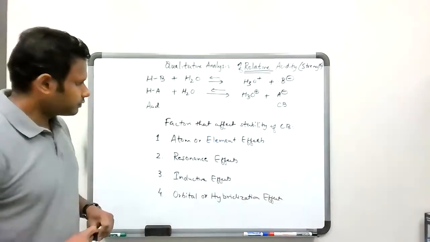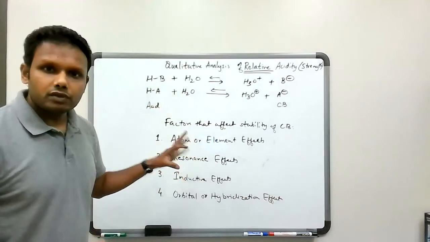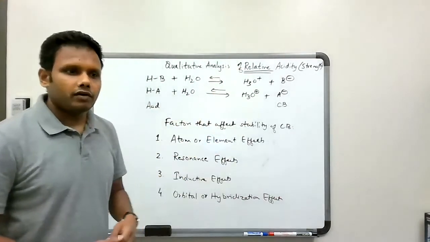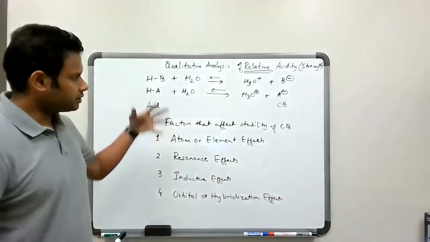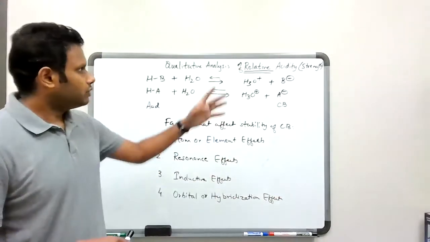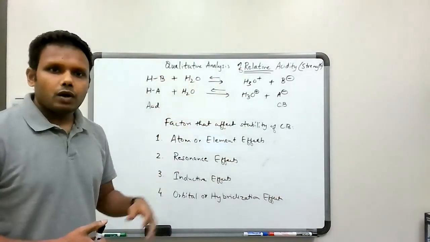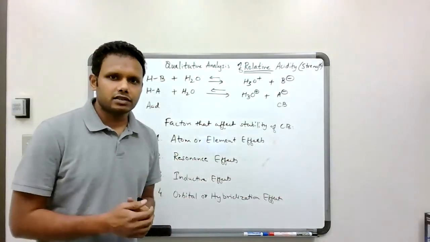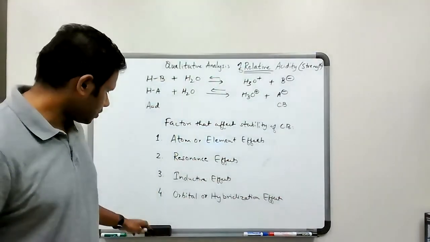These are the four factors that we will use to analyze the stability of conjugate bases, and based on that analysis, we'll be able to predict the stronger acid from a group of acids.